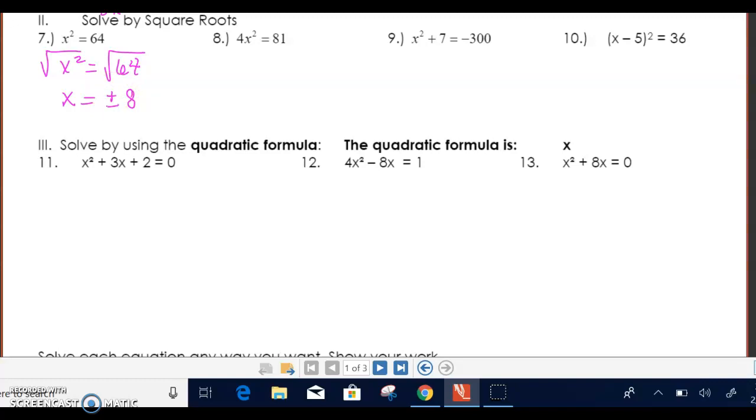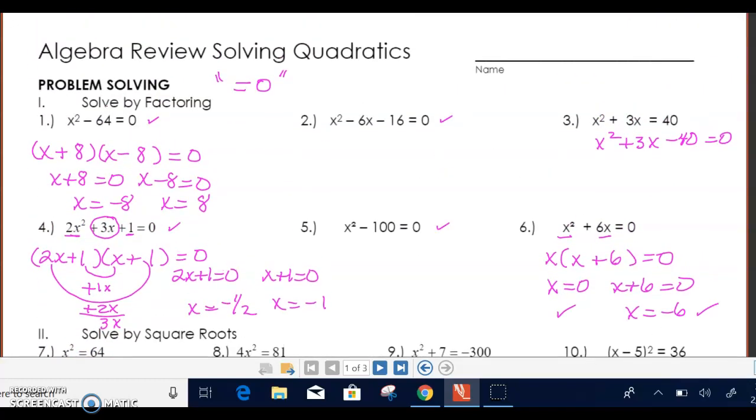So we get two answers, x equals +8, x equals -8. You'll probably notice we did that problem earlier, problem number 1, but it was written as x squared minus 64. I could have very easily solved problem 1 by taking the 64 over and square rooting both sides.